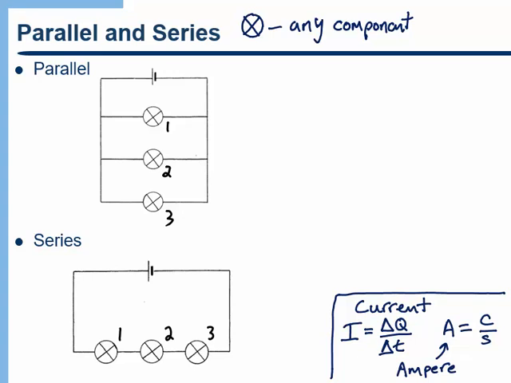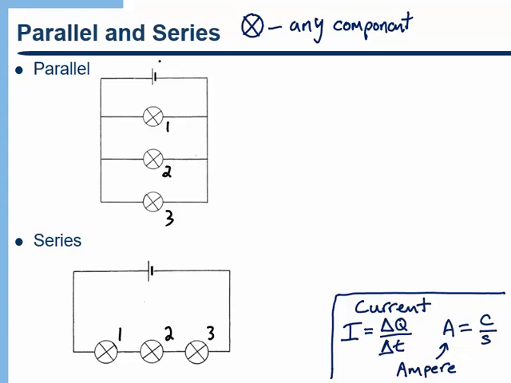Okay, so let's look at what we mean by a parallel or a series circuit. In a parallel circuit, everything is connected in such a way that it's really connected directly to the battery. You'll notice that the current can get to item 1, item 2, or item 3 without going through the other circuit elements.